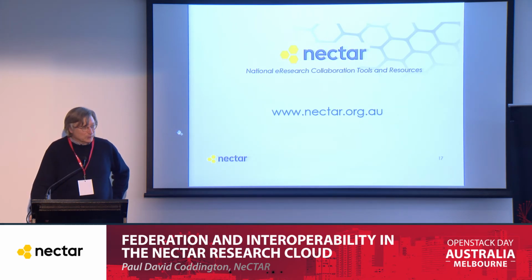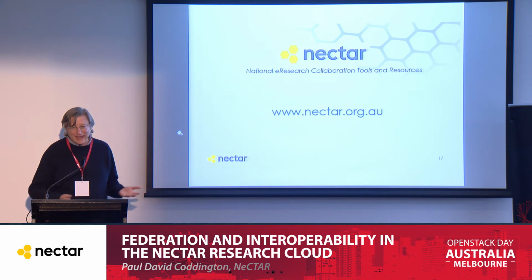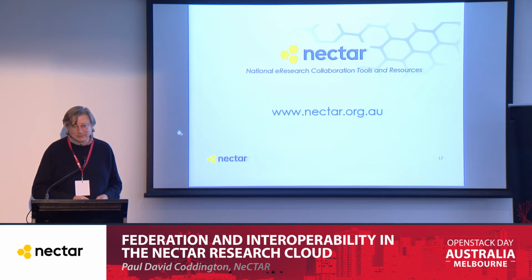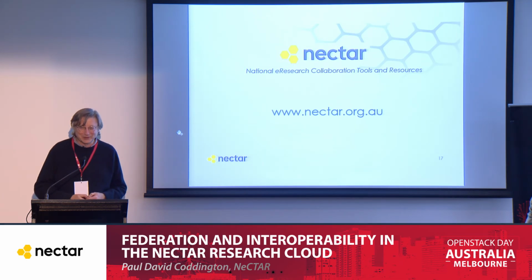So I guess we have two levels of interoperability, one of which we already have, which is interoperating across these multiple organisations in our federation in a very seamless way. But in the initial meeting at the Boston Summit about Open Research Cloud interoperability, there was a lot of discussion about exactly that question. What do we actually mean?